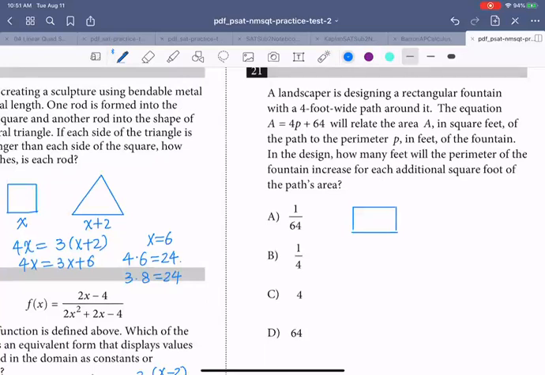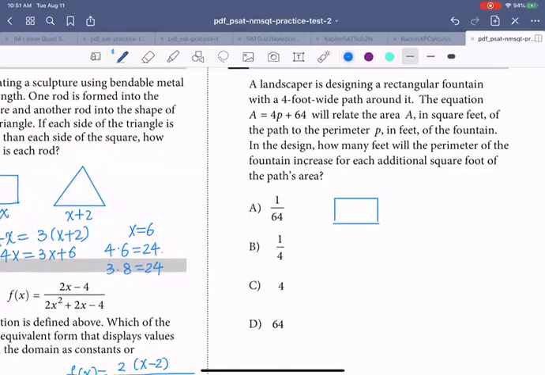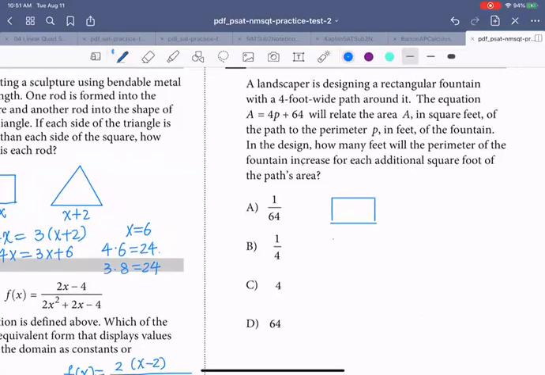So they ask you, in this design, how many feet will the perimeter of the fountain increase for each additional square foot of the path? The given function shows A as 4 times P plus 64. Now they ask you the change of P.